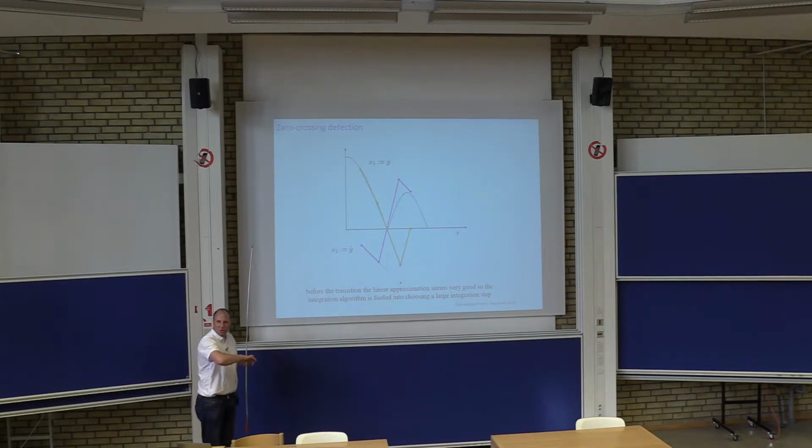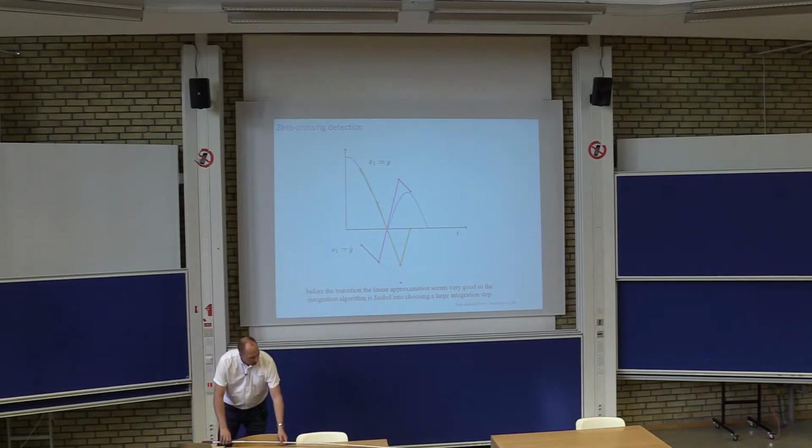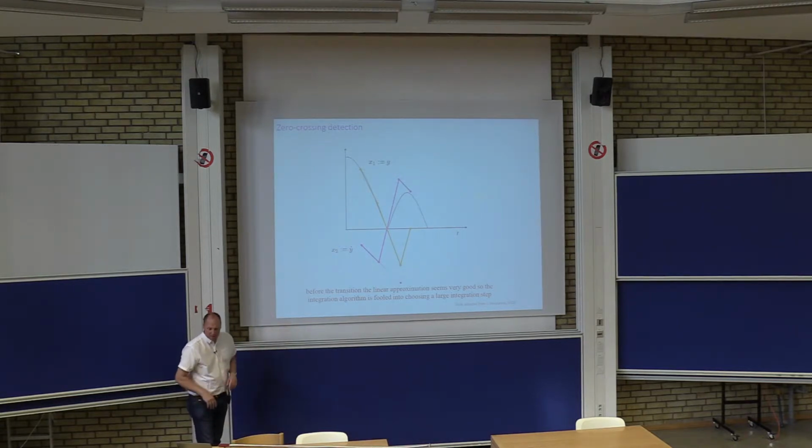But if you have a huge Simulink diagram with thousands of different blocks, it might not be so obvious to see that the model is apparently doing something that is not reflecting what's going on in the physical world. So it's very important to be aware of these problems. And you have different settings in the simulator that can help you to some extent to deal with these problems.